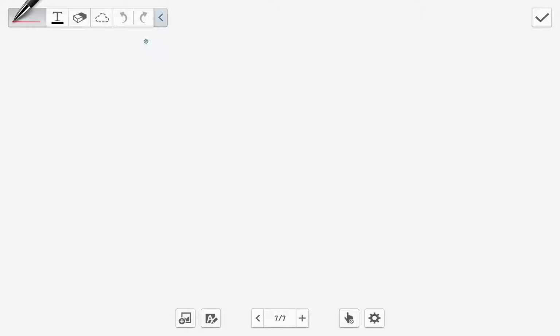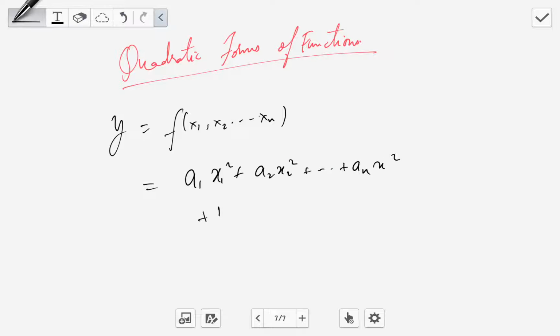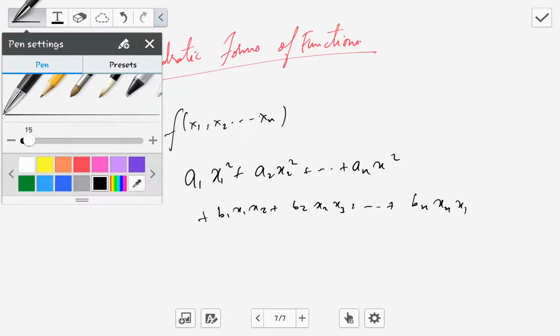Now if you come to quadratic forms of functions, how do we usually have a quadratic form? y is equal to, if it is a function of x1, x2, so on up to xn, we have the quadratic form as a1 x1 square plus a2 x2 square plus so on up to an xn square plus b1 x1 x2 plus b2 x2 x3 plus so on up to bn xn x1, where these are all possible combinations.